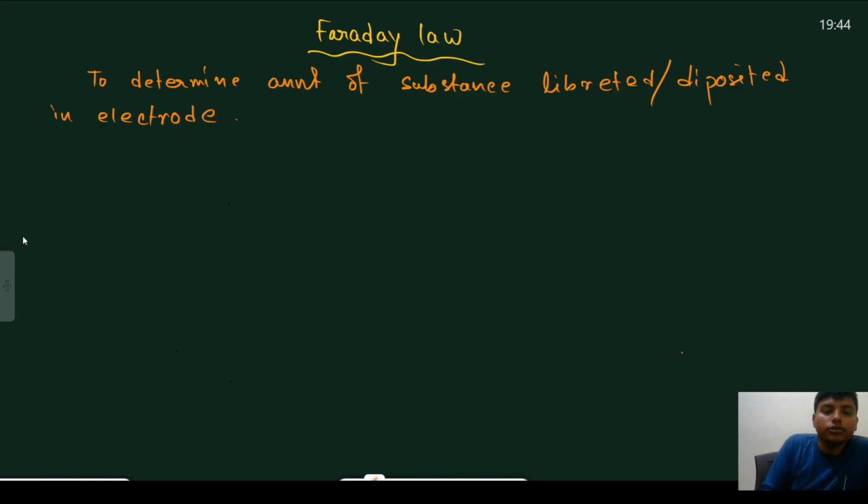Okay, so to determine the amount of substance liberated or deposited at an electrode, we can use Faraday's law. Now, two laws are there. First law is telling, and remember, in the exam they can ask you to state Faraday's law, write the equation and explain.